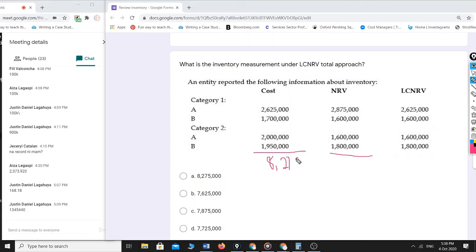Well, our total NRV, this is 7,875,000. So, between the two, cost or NRV, of course, we choose the NRV because this is lower than the cost. So, this is our answer if we are having the total approach. Okay? That's it.